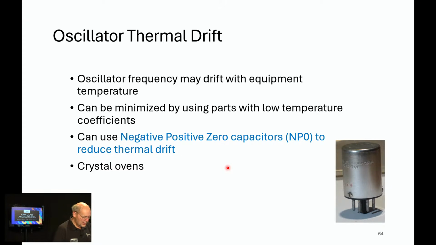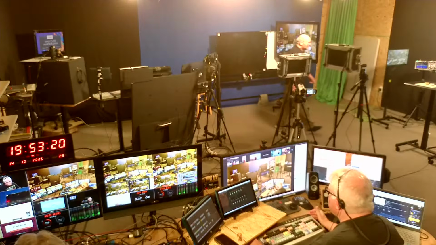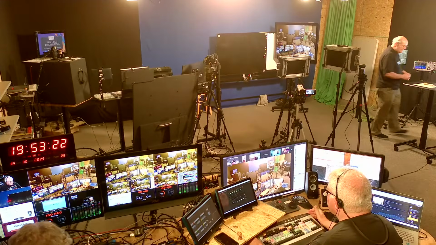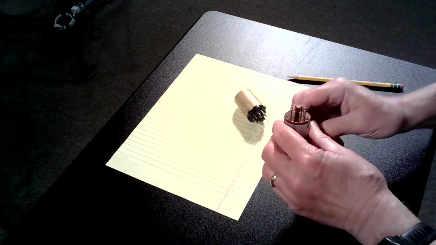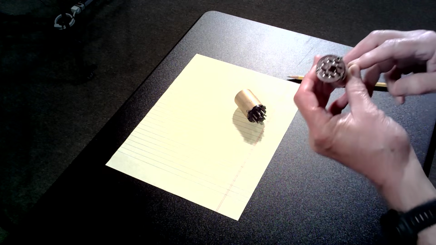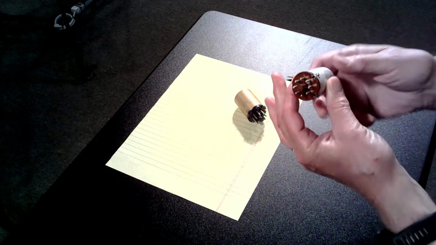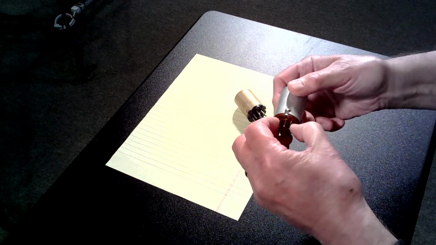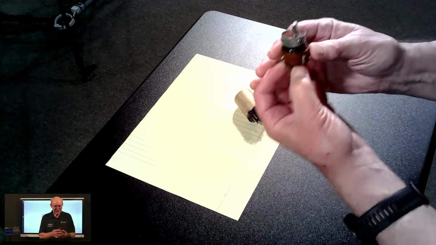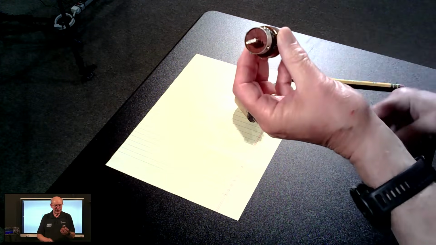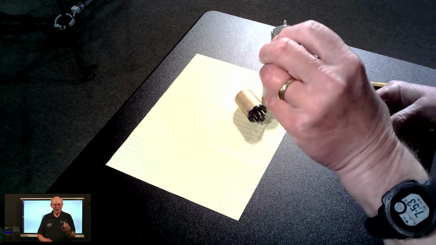We'll walk over to our other demo table. So hopefully you can see these. We've got two different flavors. And notice it's got an octal base. Make sure this is showing up. Yep. And I loosened the screws so we could open it up and see what's inside. And look at that, there's a crystal in there. So how do these things work?